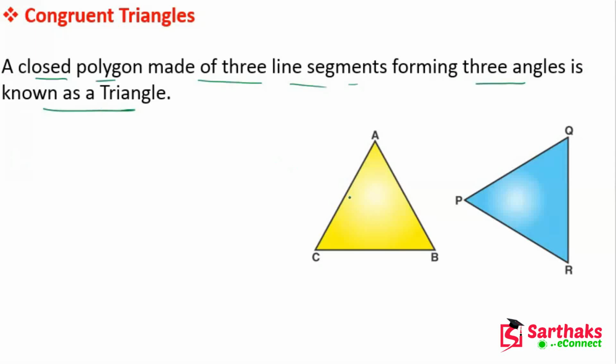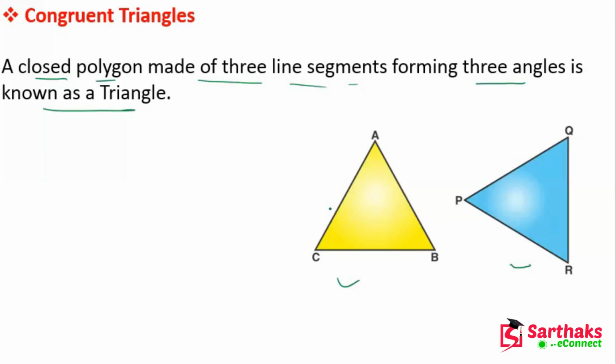Here we have two triangles, ABC and PQR. Two triangles are said to be congruent if their sides have the same length, means these sides AB, BC and AC have the same length, and the angles have the same measures.